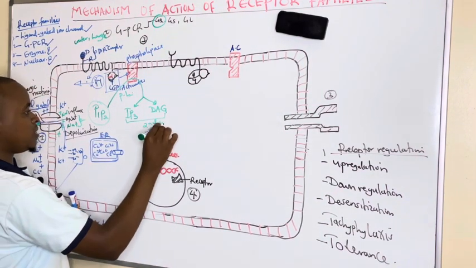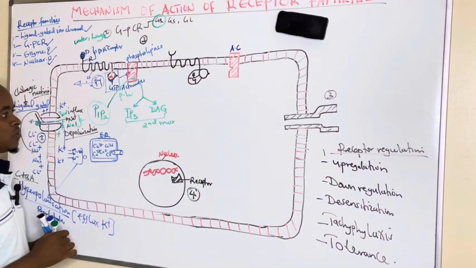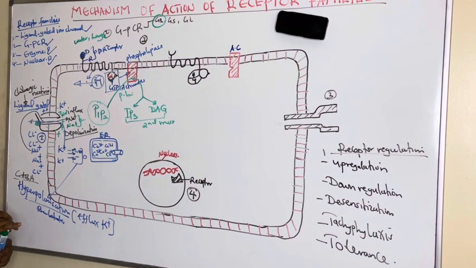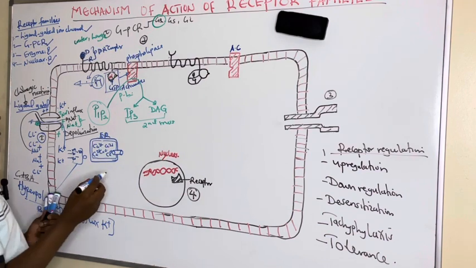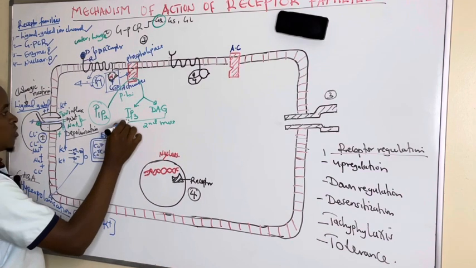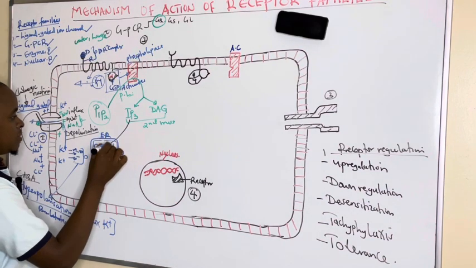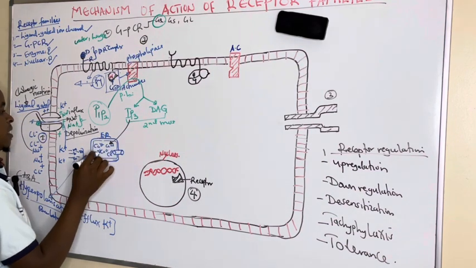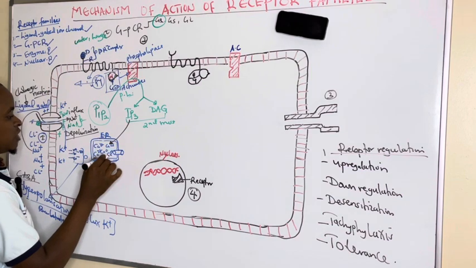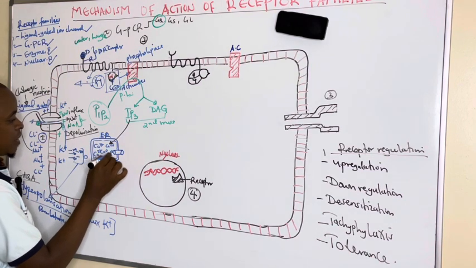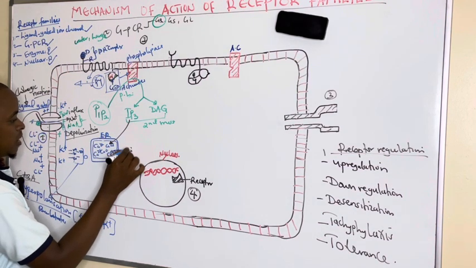These are second messengers within the cell, and the IP3, that is inositol 1,4,5 triphosphate, is the one that goes to the endoplasmic reticulum and activates it to open and pump out the calcium ions.